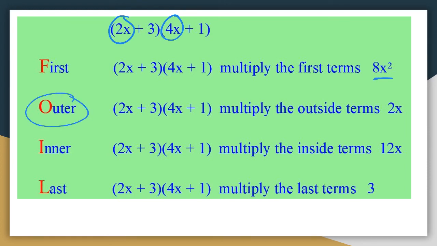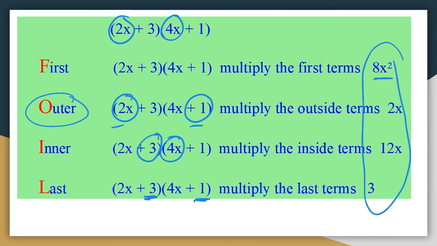The outer terms, that's the ones on the outside, so we end up with the 2x and the 1. Then multiply the two inner terms. We have 3 and 4x. And then multiply the last terms, so 3 and 1. And then you've multiplied everything inside, and you can combine your like terms. So this should result in 8x squared plus 14x plus 3.